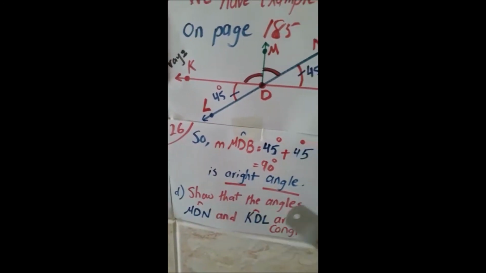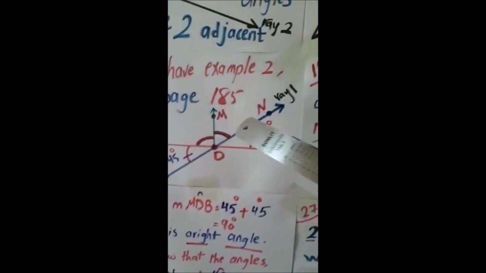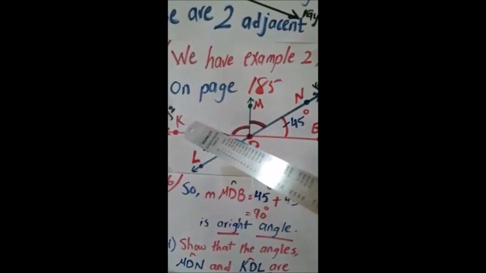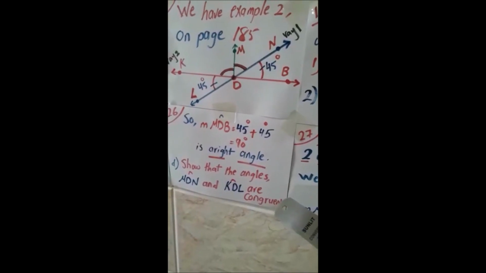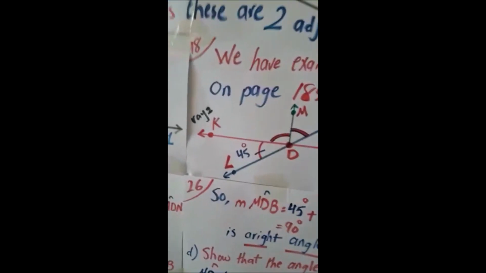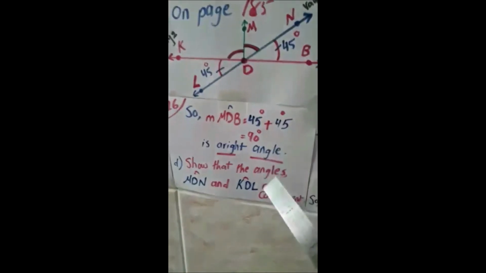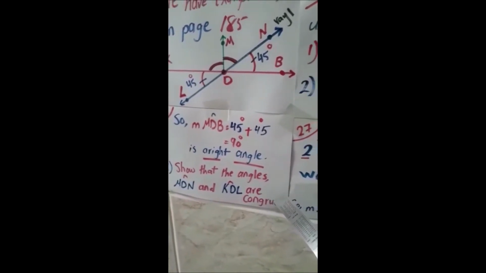The last question, D, asks us to show that the angles MDN and KDL are congruent. Again, where is MDN? MDN and KDL. How can we prove to him or show him that these two angles are congruent?